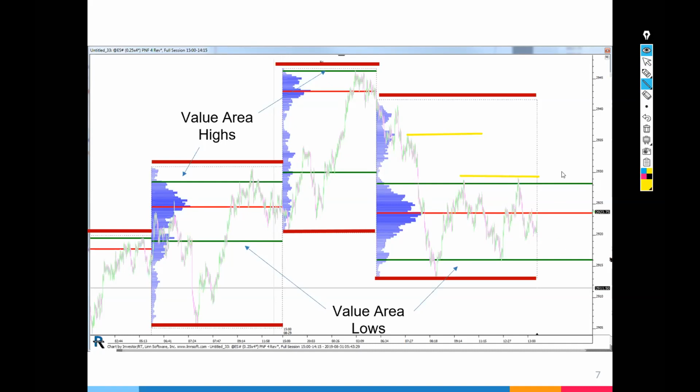So when the next session opens up, these become key reference points for me, and I have to look closely and see whether the same thing that happened before will continue to happen, or whether I am going to see a perceptible change in the market. So that is one of the key helpful tips that we can garner from using a profile, helping us to identify these key reference levels.